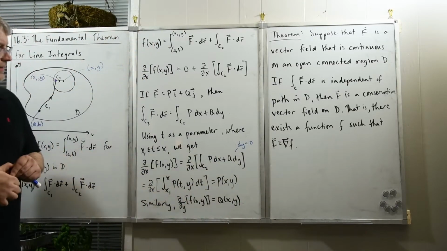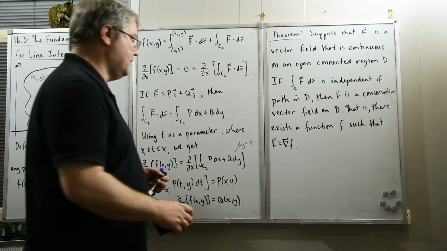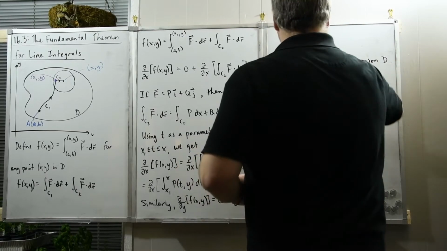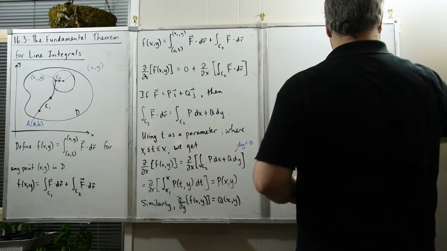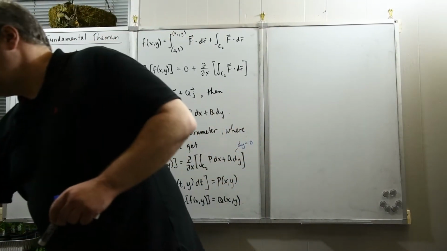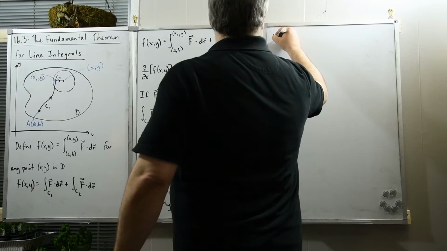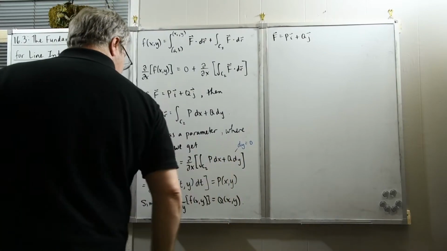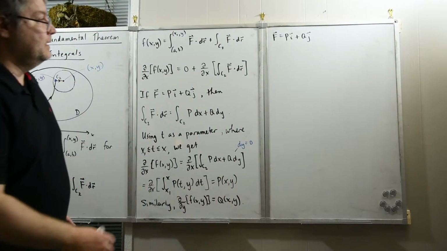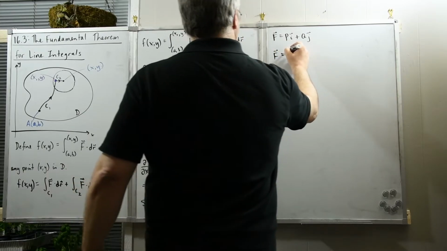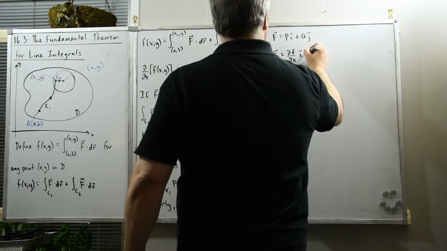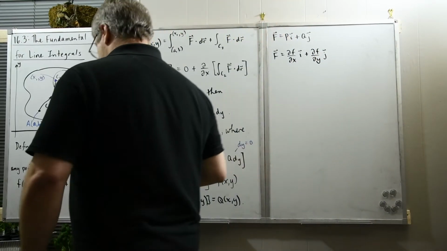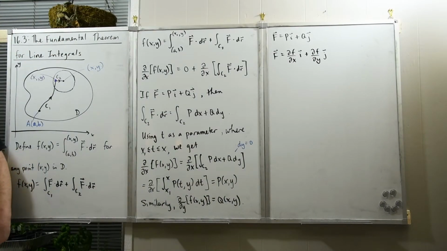So if you think about the fact that F is pi plus qj, then what you actually get is that F is going to be partial little f with respect to x times i plus partial little f with respect to y times j, but that's just the gradient of little f.